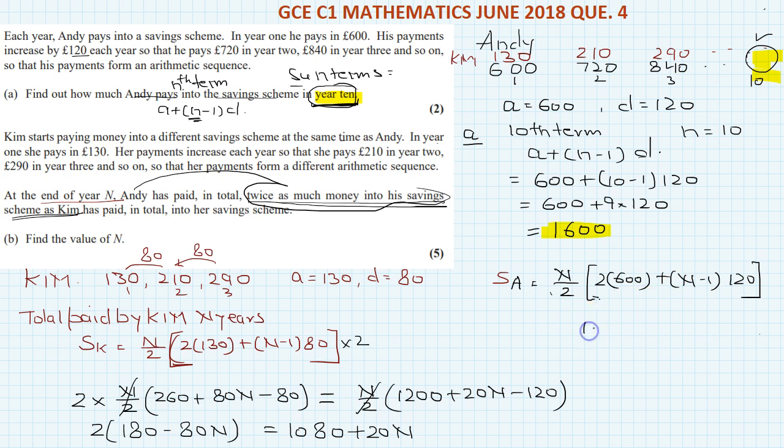So that is 180 minus 80n is equal to 540. I am dividing both sides by 2 plus 10n. This is 540 minus 180 is equal to minus 80 minus 10, and why is n coming negative?